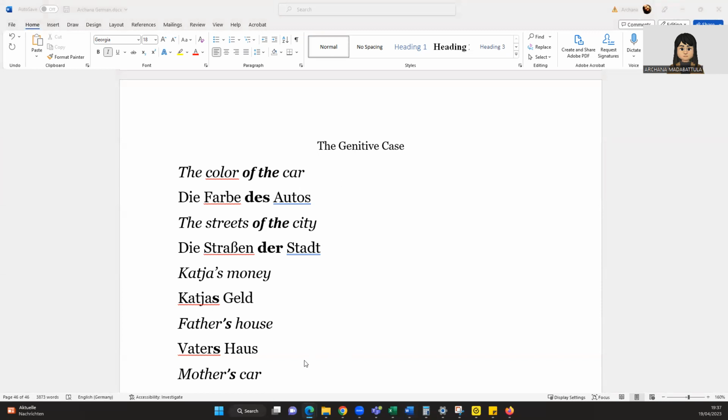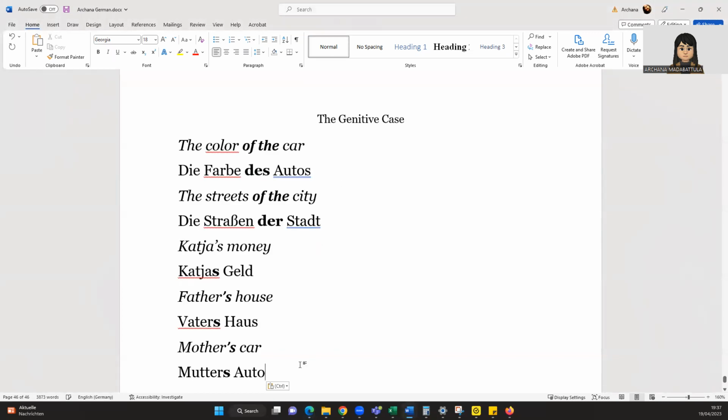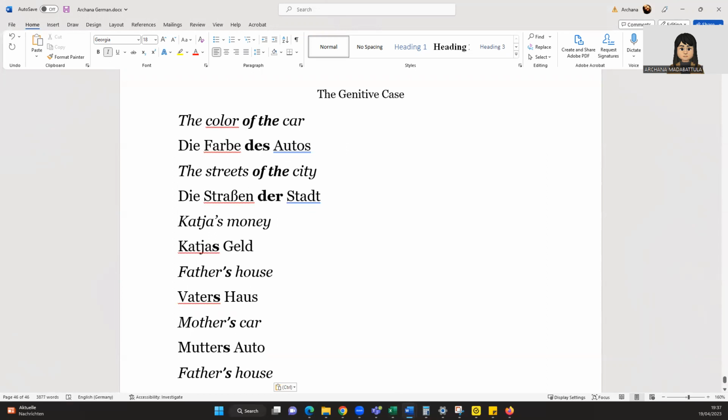It is called Mutters Auto. Now, father's house, I think I covered this earlier. It is Vaters Haus, right? This is a repeated example which I took.